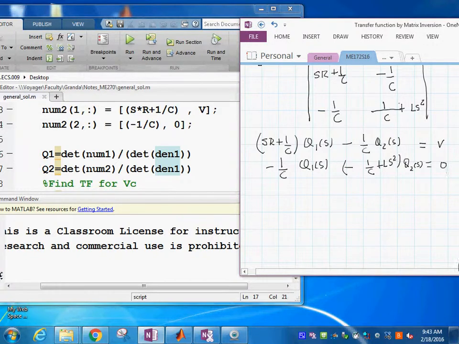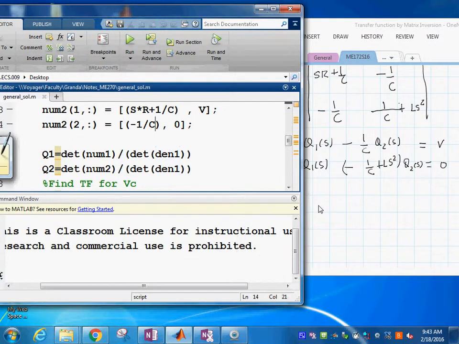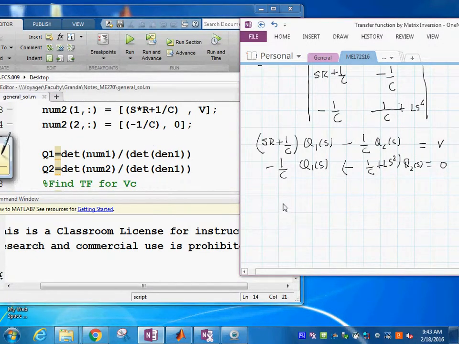And then the second one is like C times Q1 of S plus D times Q sub 2 of S equals C2. Okay. What you see on the bottom is the format of this.